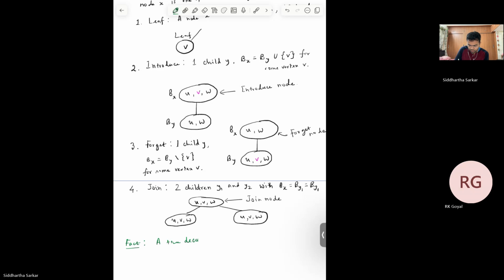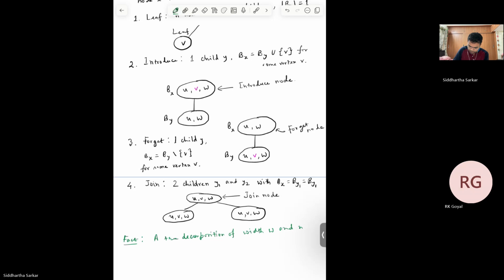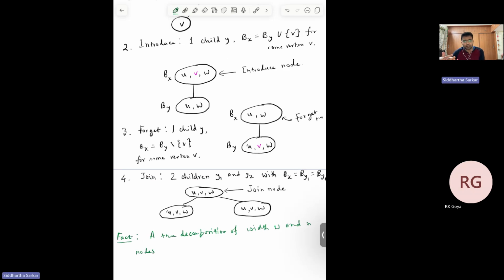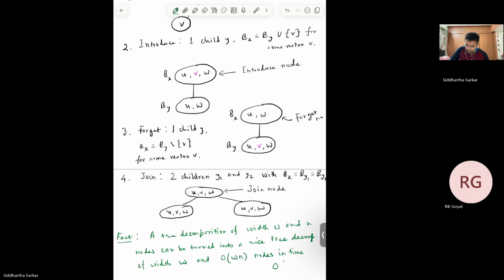A tree decomposition of width W, where width means bag size minus 1, and n nodes can be turned into a nice tree decomposition of the same width, that is the same bag size, with an additional factor of W more nodes, in time order W squared n.